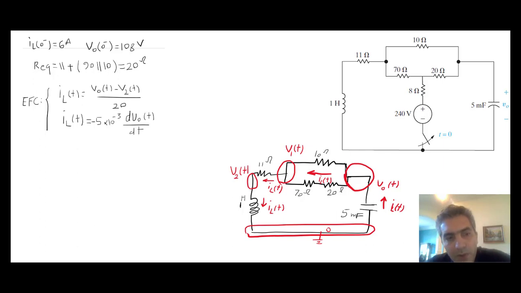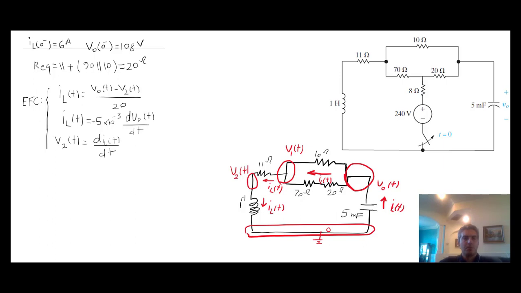And then finally for the inductor, V2T minus 0 is equal to 1 Henry d ILT dt. So these are the three equations.